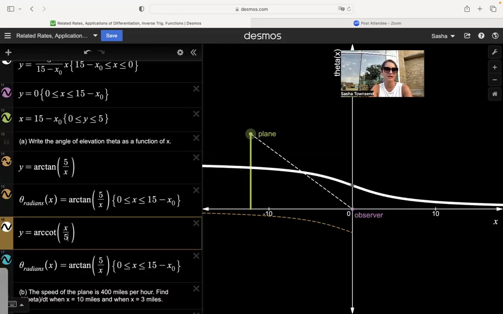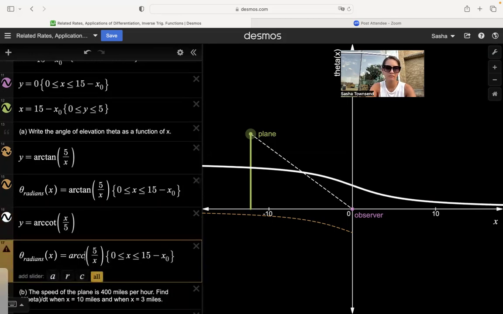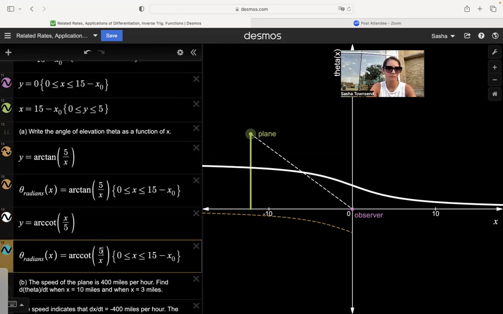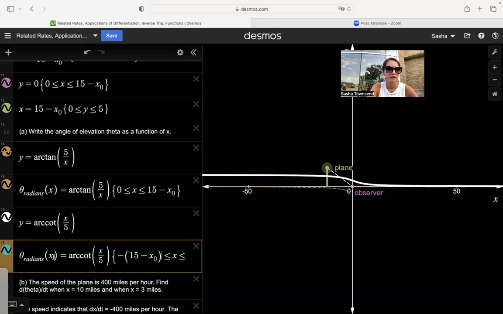So instead of having a 5 over x, you're going to have an x over 5, adjacent over opposite instead of opposite over adjacent. So this is the arccotangent graph.